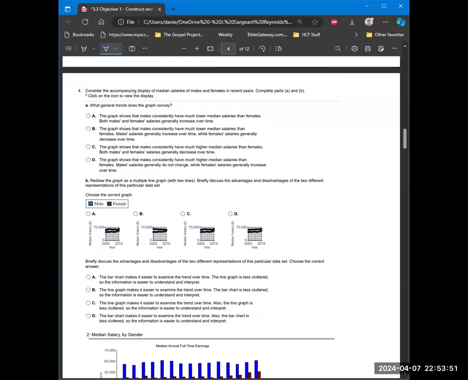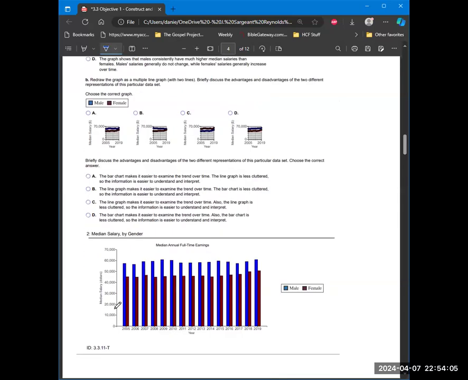And I don't see the original graph other than these graphs that are down here. Oh, here it is down here. There we go. There's the graph.